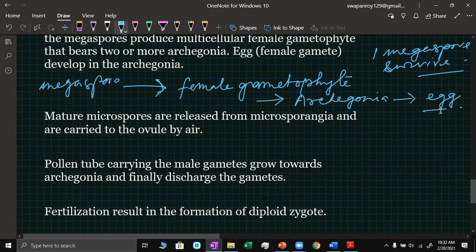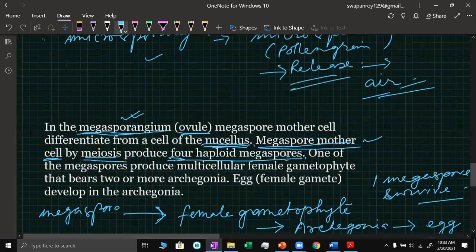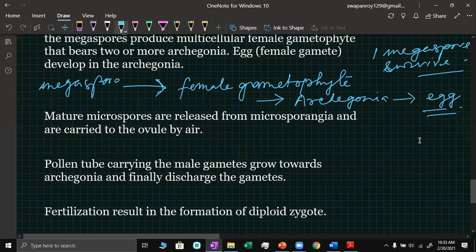The pollen grains are carried to the megasporangium, or the ovule, by wind, and there they germinate and produce a pollen tube.